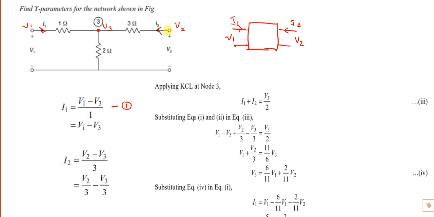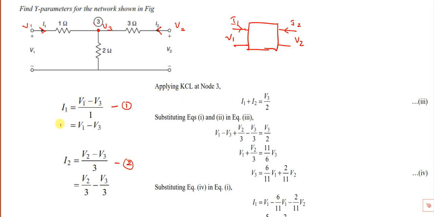Similarly, from this side, I2 is going. Here potential is V2, here potential is V3, and direction is given like this. So it is V2 minus V3 by 3. So this is equation number 2.